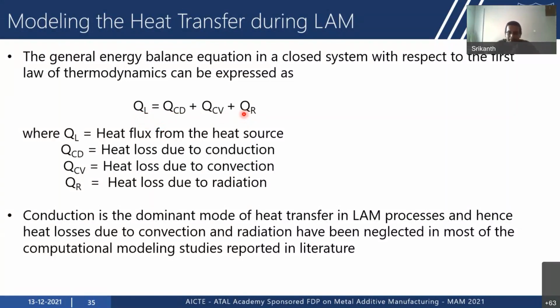Now, it has been shown in metal AM processes that conduction is the dominant mode of heat transfer, conduction through the substrate. And in the early days of simulation of the LAM process, since conduction was the dominant mode of heat transfer, to reduce the complexity, the heat dissipation because of convection and radiation was neglected.